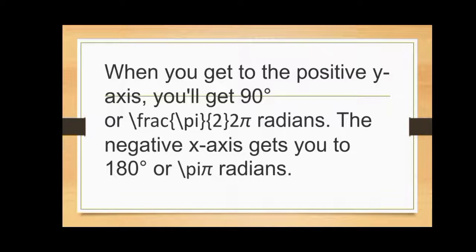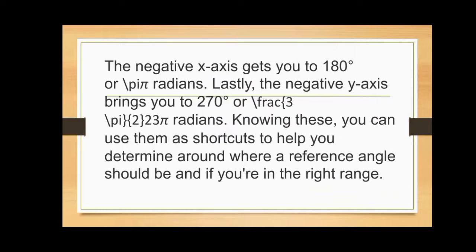The negative x-axis gets you to 180 degrees, or pi radians. Lastly, the negative y-axis brings you to 270 degrees, or 3 pi over 2 radians. Knowing this, you can use them as shortcuts to help you determine around where a reference angle should be and if you are in the right range.